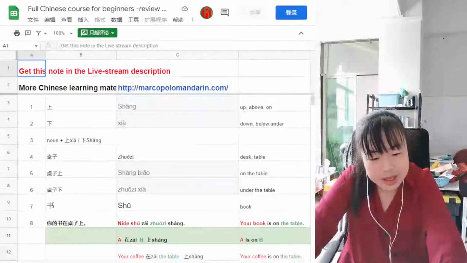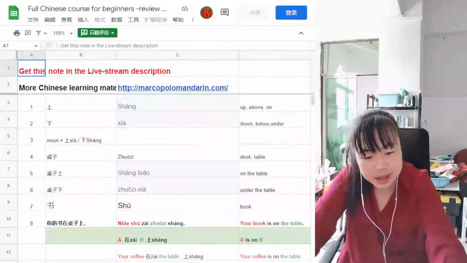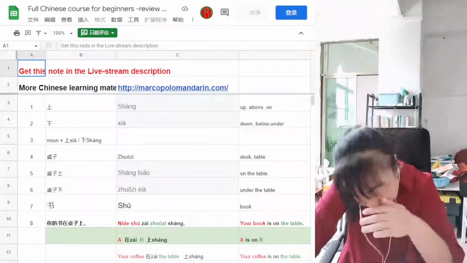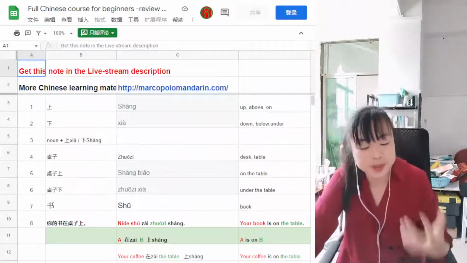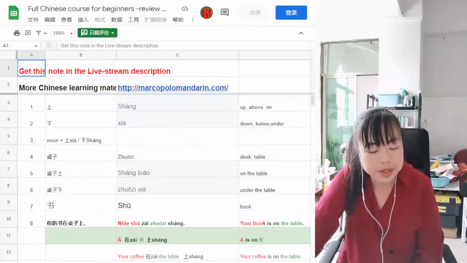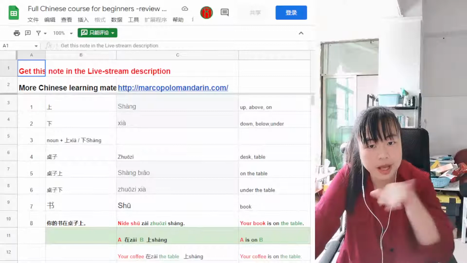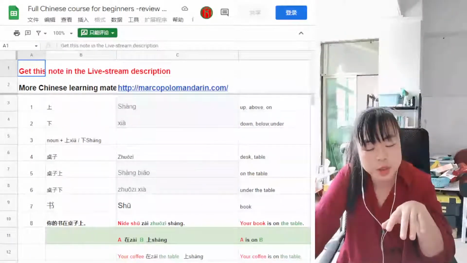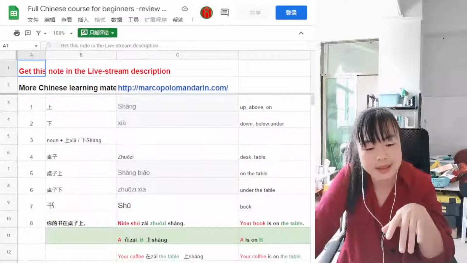A 在 B 的上边. So now look at this sentence. A, the red part, and then we go to the 在, right? According to the pattern on line 22. And then we go to B, the book, 书, and then the 上边.